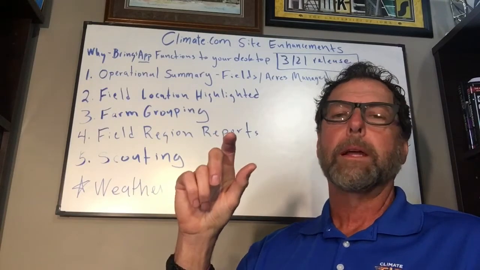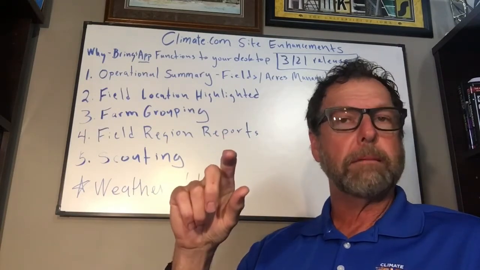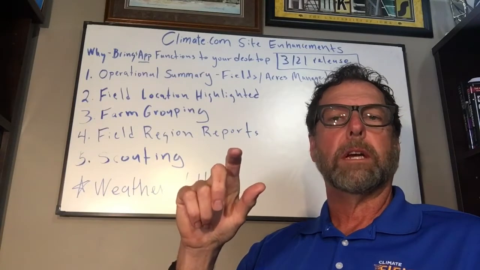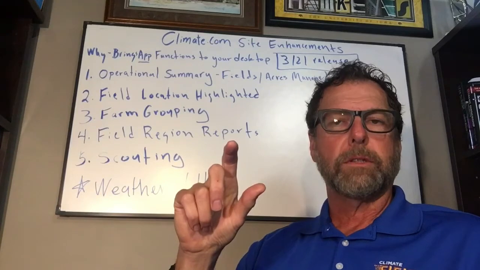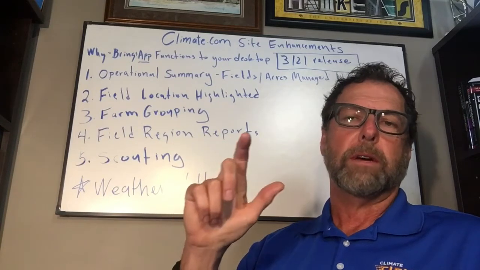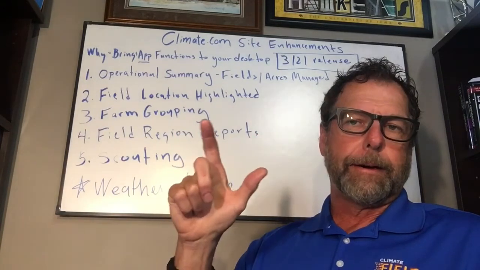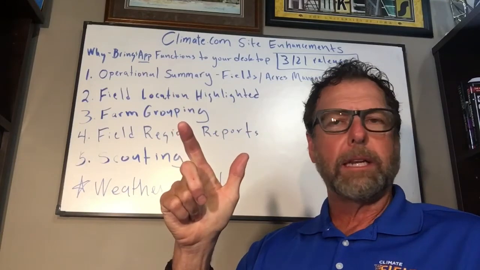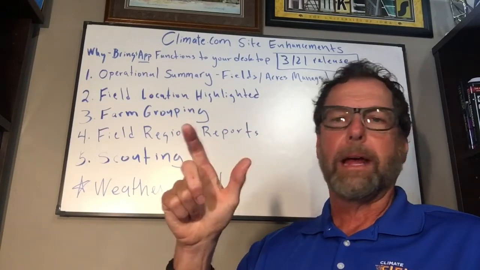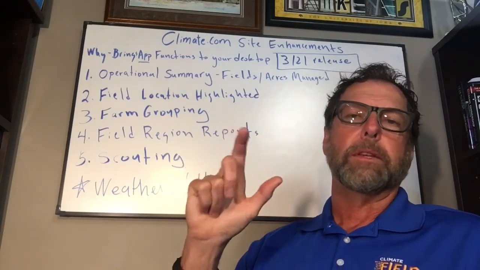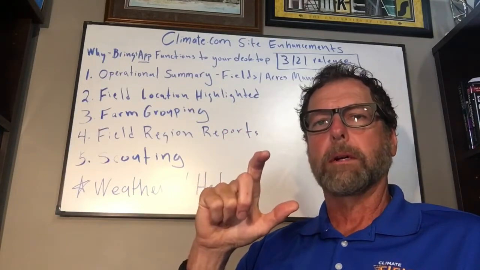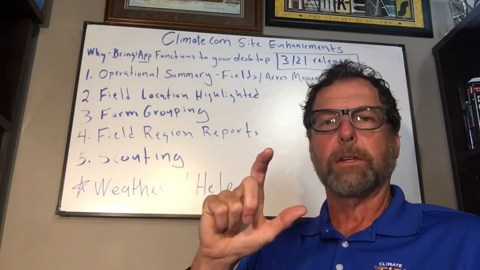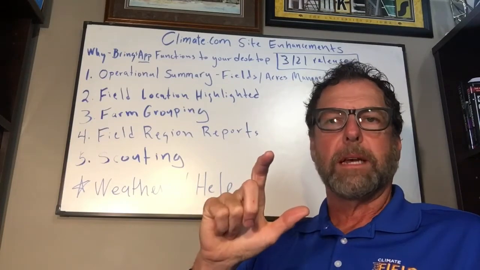You can now drop a pin and put some information in there and be able to go back or share that information with your trusted advisor and say, hey, we need to probably look at Mary Allen's field, this field, and see what's going on. So now there's more scouting. You can just put some scouting notes in there right from the desktop as well.